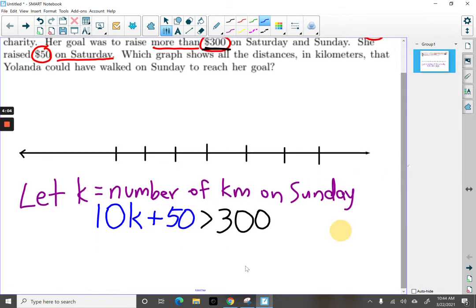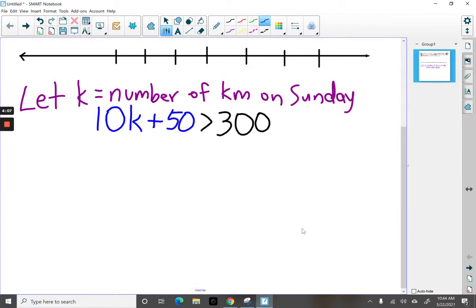So at this point, I'm going to actually solve this problem because once again, we want to graph my solution. I'm going to draw my line going down the center here and do the opposite of whatever operation we see so that eventually we have K on its own side by itself. So I see a plus 50. That means I do a minus 50. Good first step right there.